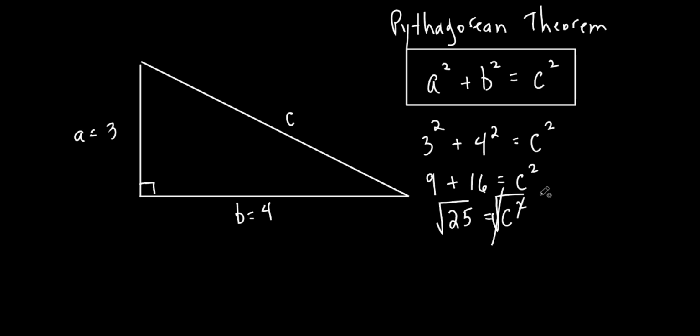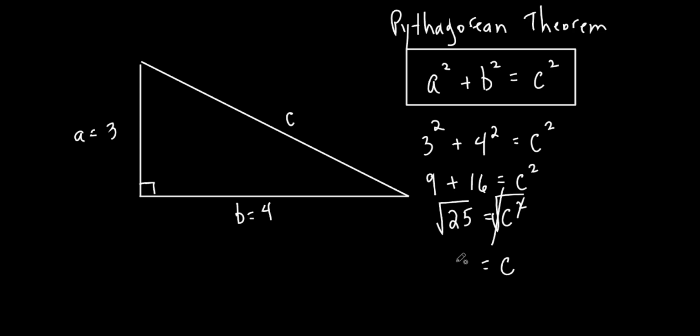They cancel out, right? So that is C. Now, what is the square root of 25? What number times itself is 25? It's 5. 5 times 5 is 25.